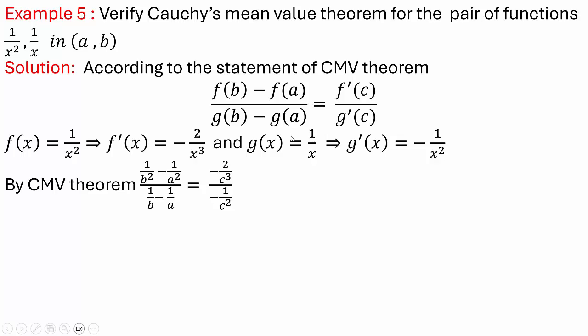We get (1 upon b square minus 1 upon a square) divided by (1 upon b minus 1 upon a) equal to (minus 2 by c cube) divided by (minus 1 by c square).